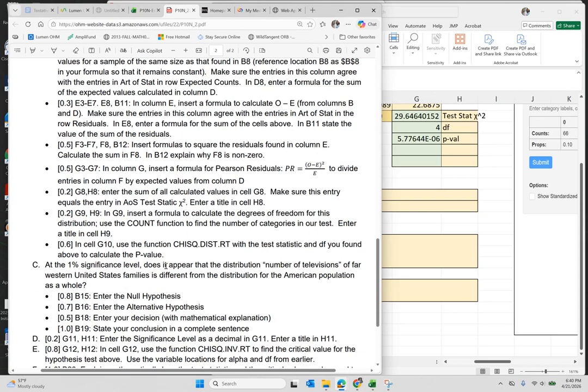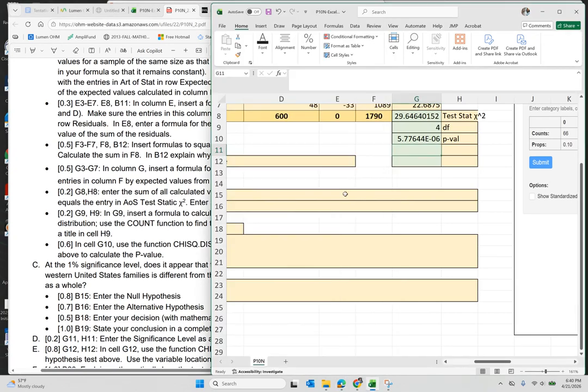At the 1% significance level, does it appear that the distribution of the number of televisions of far western United States families is different from the distribution for all the American population as a whole? In B15, enter the null hypothesis.